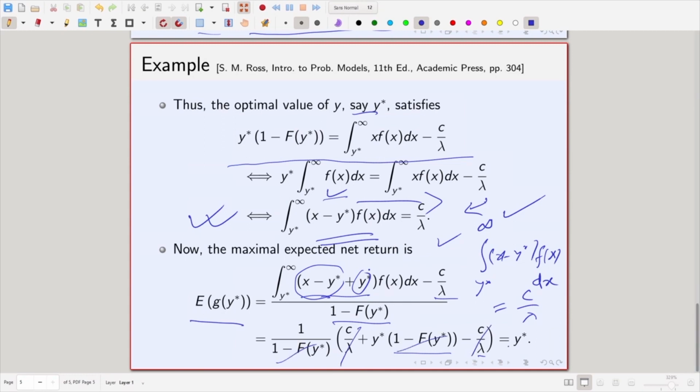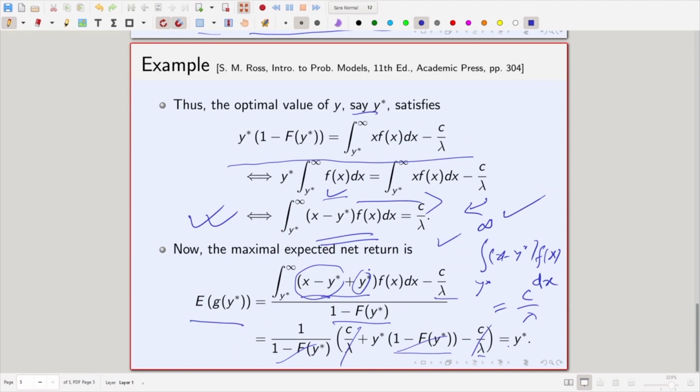So, you get an interesting thing that the maximal expected net return is actually equal to the optimal value of y. So, the optimal size of the offer that you should wait for turns out to be also your maximal expected net return. So, that is an interesting thing that comes out from solving this problem.